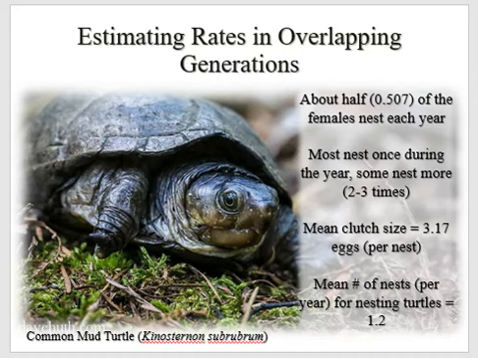However, remember that only half of those total females in the population actually do nest each year. So of those viable females, only half contribute offspring. So the number of eggs per female per year is actually 1.927 eggs per female per year.